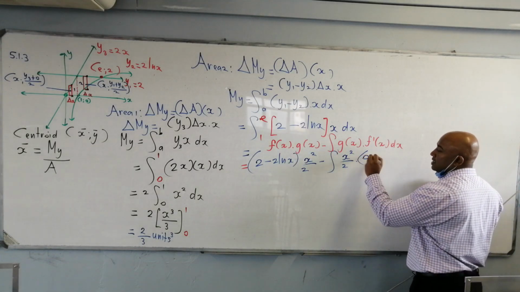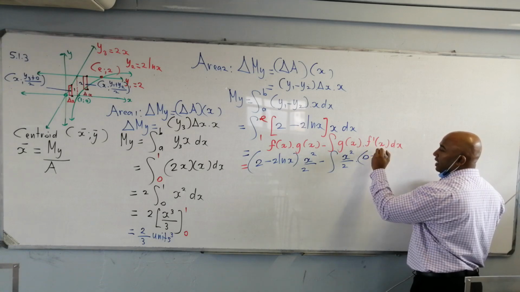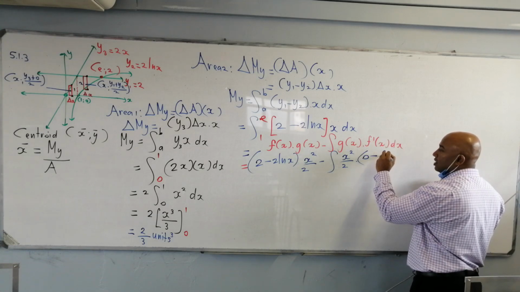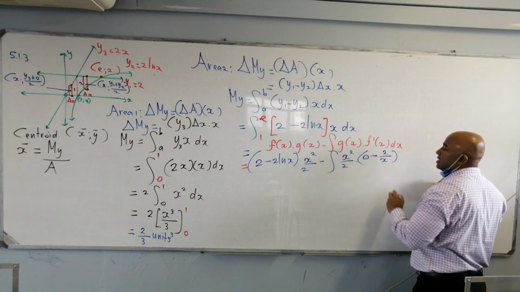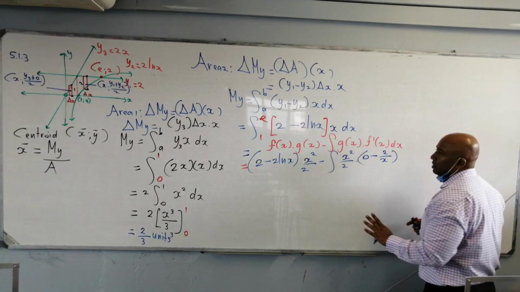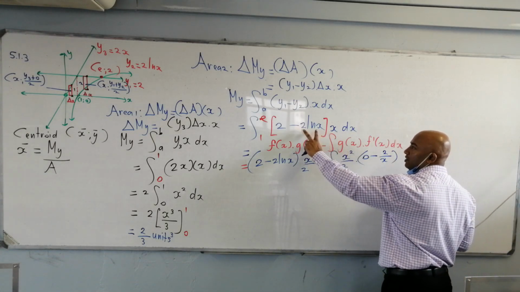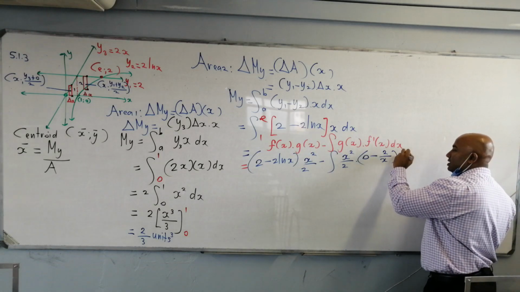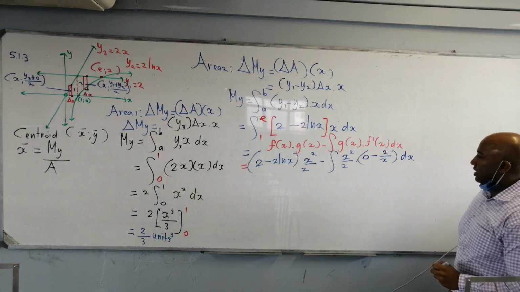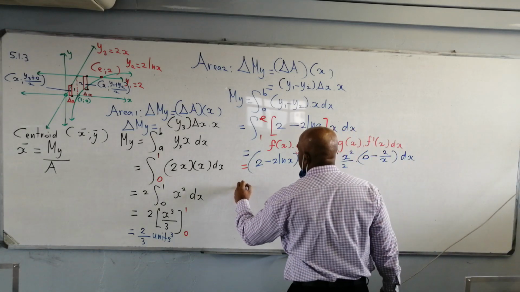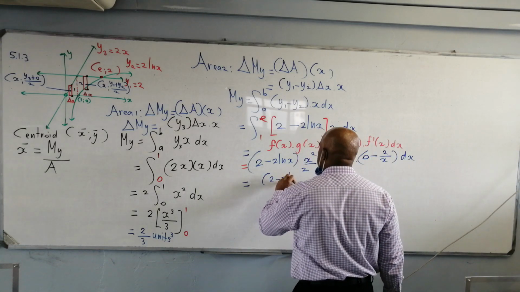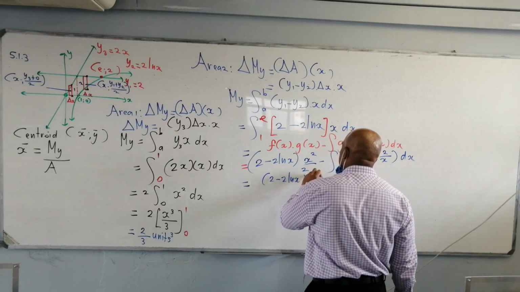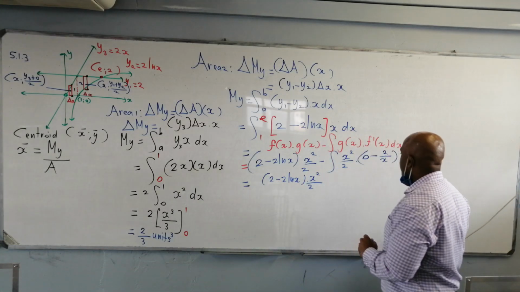The derivative of 2 is 0. The derivative of 2 ln x is 2 times 1 over x, which is 2 over x. And there's your dx. So now I have 2 minus 2 ln x times x squared over 2.